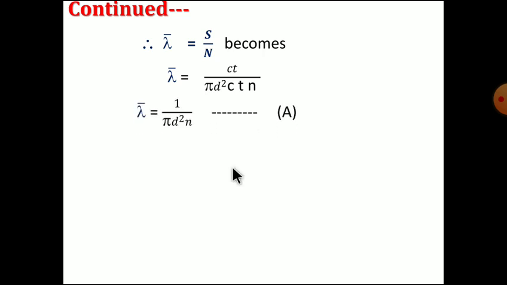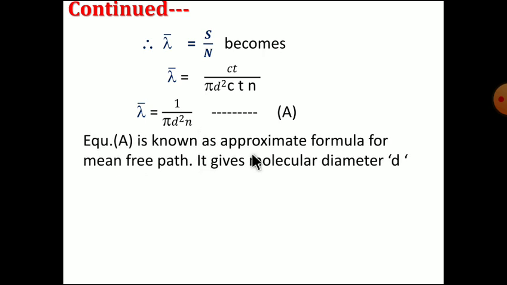Lambda bar is equal to S by N, the equation we defined earlier. Substituting S as Ct and the number of collisions as pi d square Ct n, the simplified formula becomes lambda bar is equal to 1 divided by pi d square n. Equation A is known as the approximate formula for mean free path.